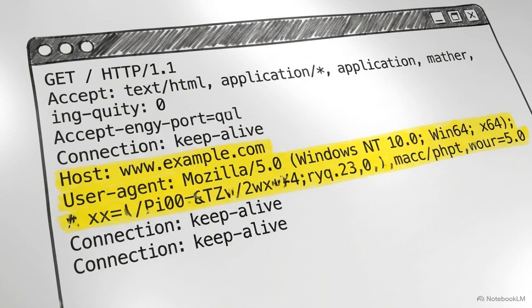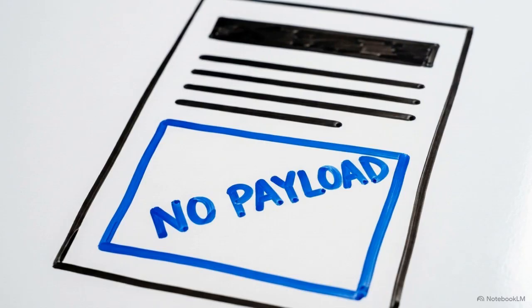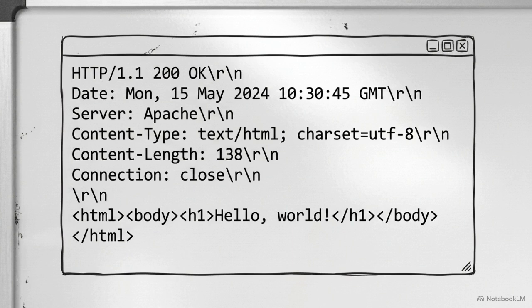Below that are the header lines, providing metadata like the hostname and the user agent browser type. Notice the space at the bottom. For a GET request, the entity body remains completely empty, as the client is only asking for data, not uploading it.